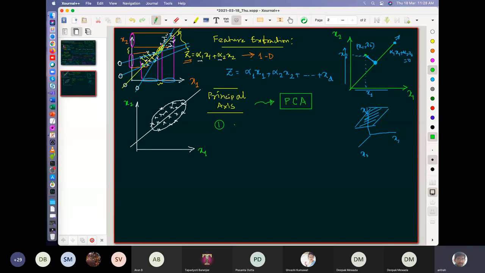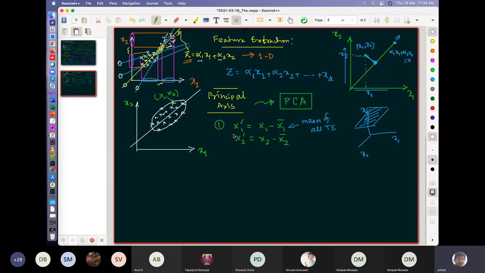For each point with values x1, x2, I compute x1 dash equal to x1 minus the mean, and x2 dash equal to x2 minus the mean of all training examples that we are given.